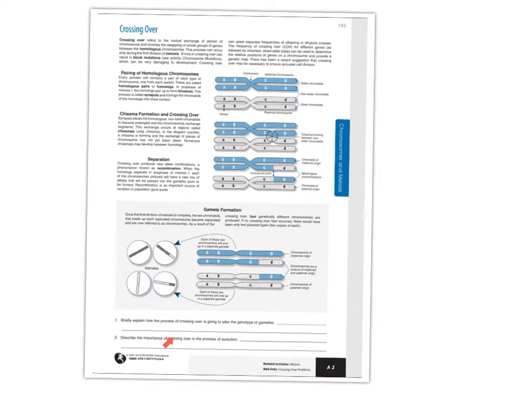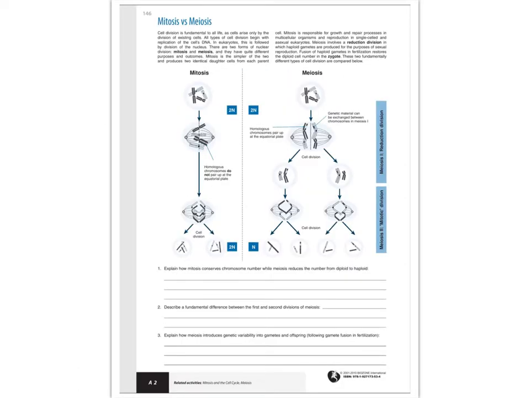Now you should be able to answer these two questions pretty easily. This is a really nice comparison between mitosis and meiosis. Notice that in mitosis, they're all lining up. You replicate the DNA, so there are two copies on each chromosome, hence the sister chromatids, right? Those are the copies. They line up on the metaphase plate.